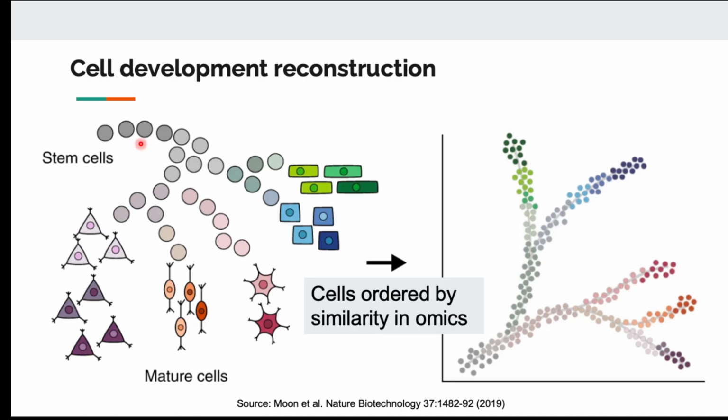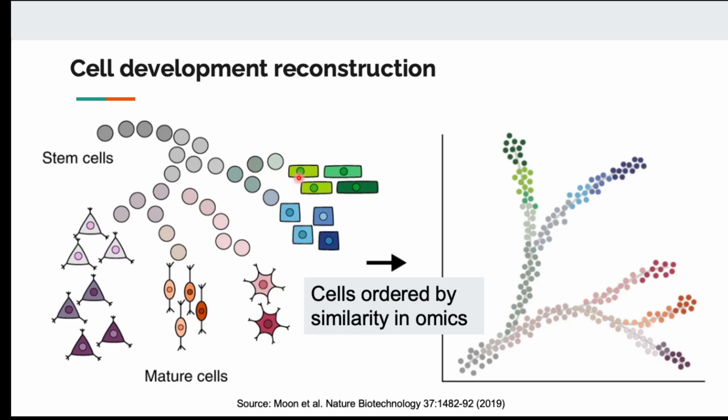If we are able to order the cells by similarity in their gene expression, stem cells are similar to other stem cells but not similar to differentiated cells, and differentiated cells may be similar to partially differentiated cells but different from other cell types.